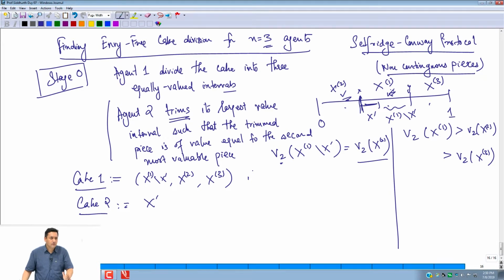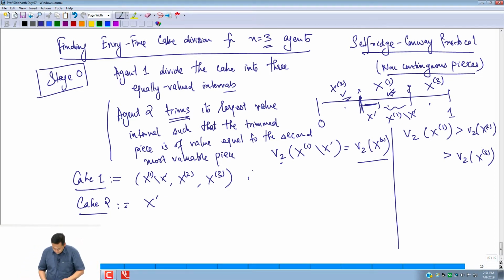But cake 2, you have probably just reduced the problem as is. But note that cake 2 has a nice property that its value is low enough for agent 1. So just hold that thought, and I'll soon argue why I can accomplish NV-freeness even with this trimming in hand.